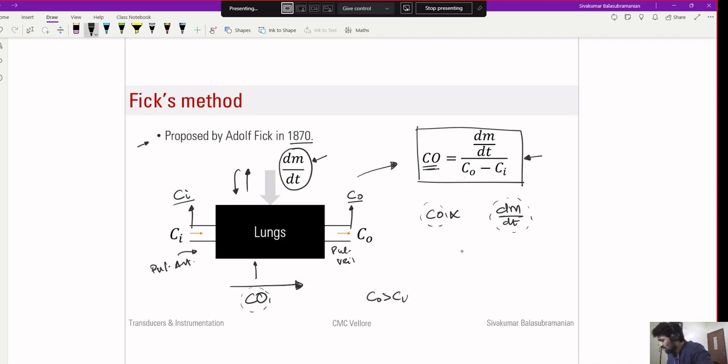Okay, and it says it's inversely proportional to the concentration difference. Does that make sense? Yes, the concentration gradient should be inversely proportional, right? Why is that? So here, if the concentration does not change, what does it say about my cardiac output?